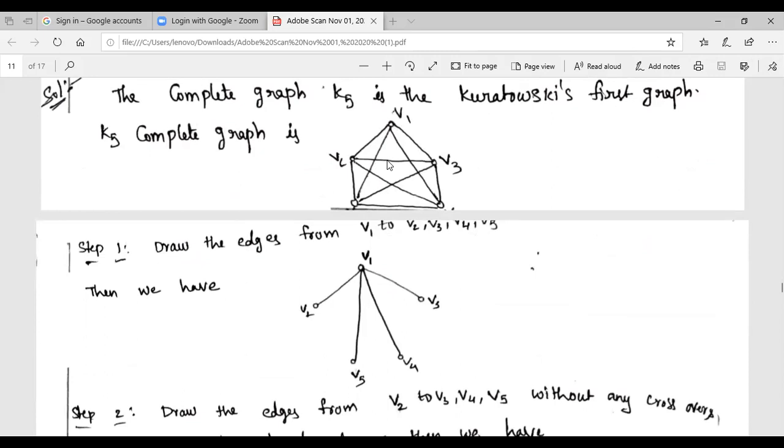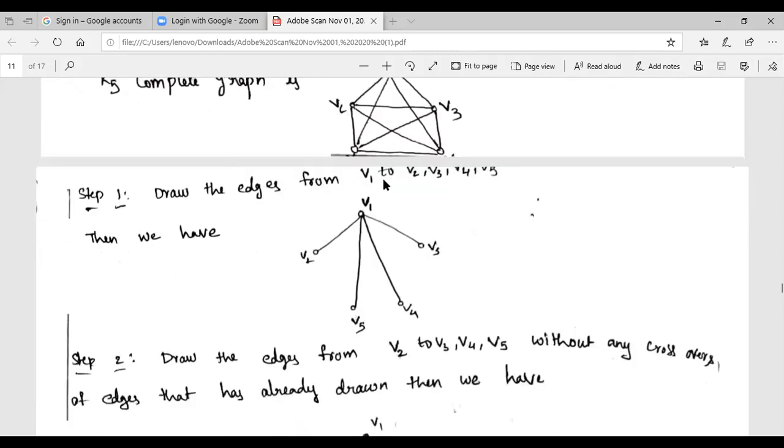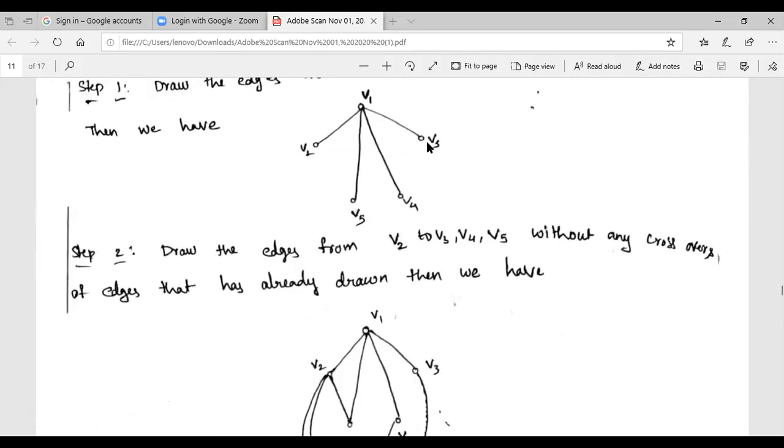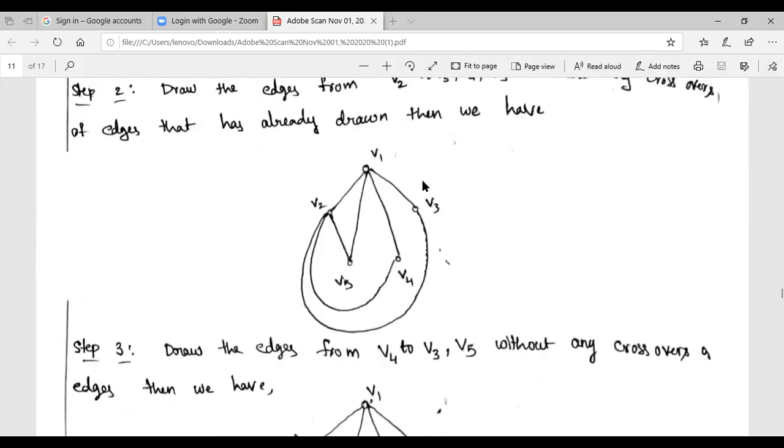In step 1, draw the edges from V1 to V2, V3, V4, V5. So then we have the graph V1 to V2, V3, V4, V5. In the next step, we draw edges from V2 to V3, V4, V5, without any crossovers. So the graph looks like this.